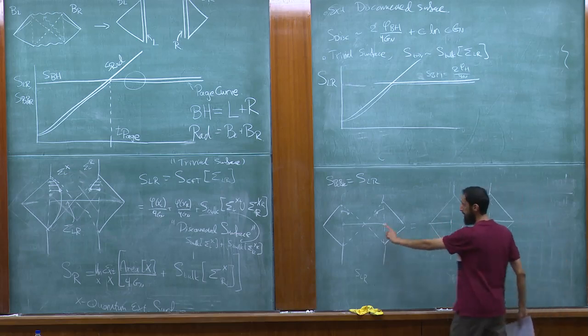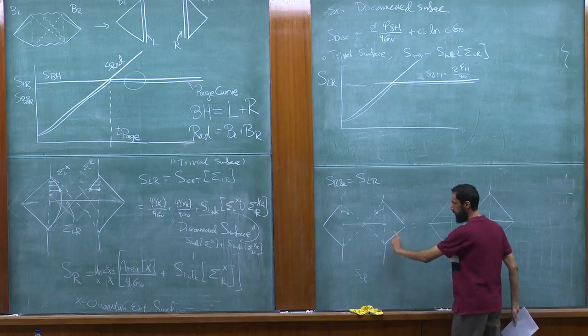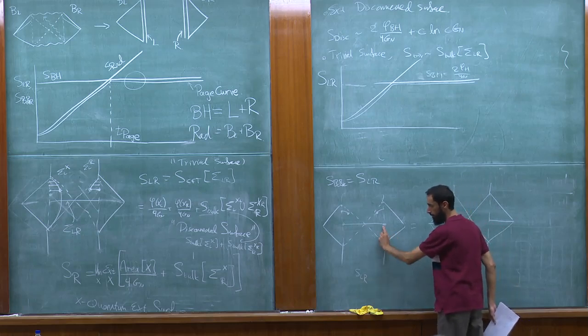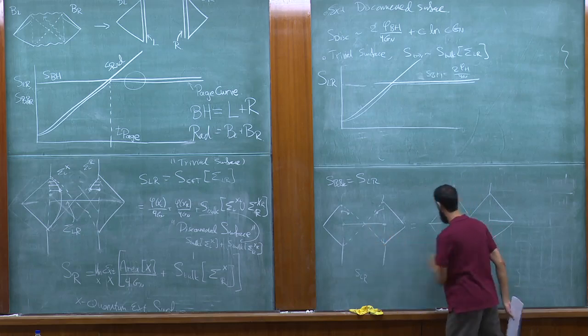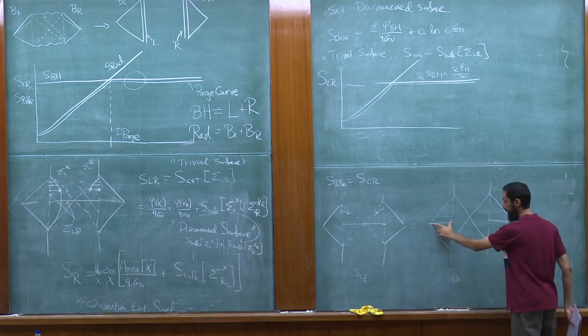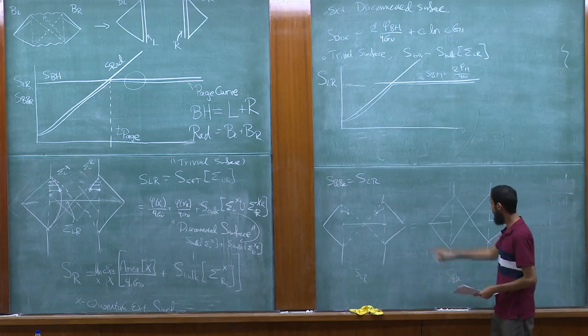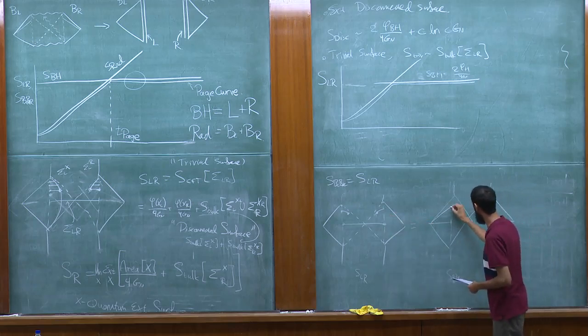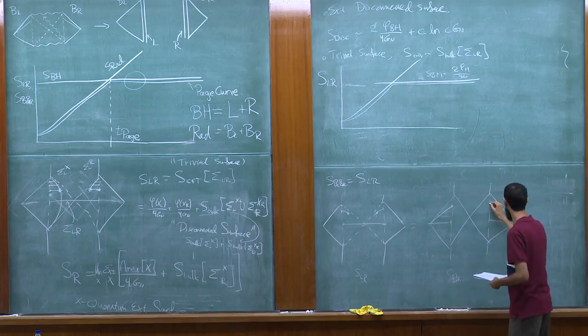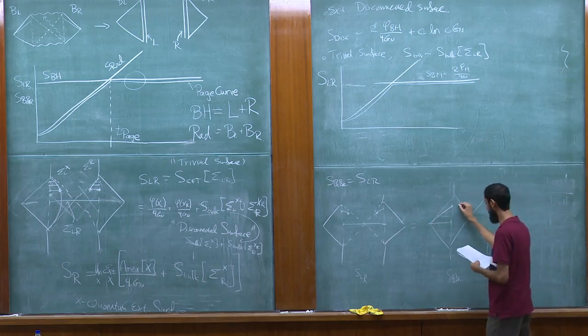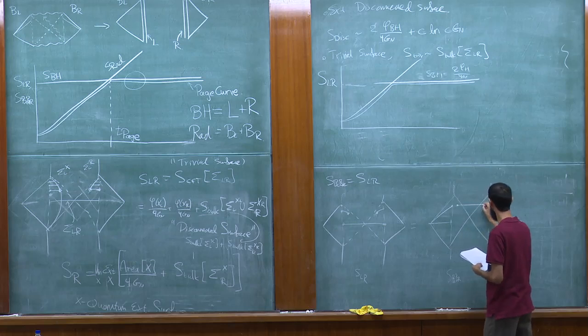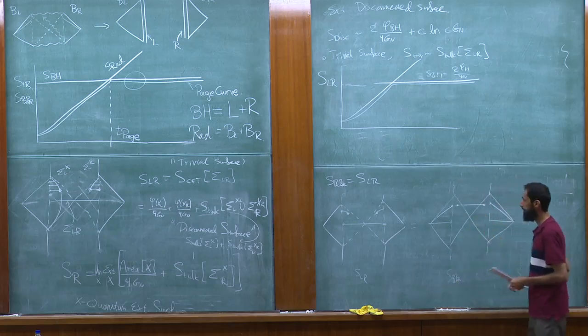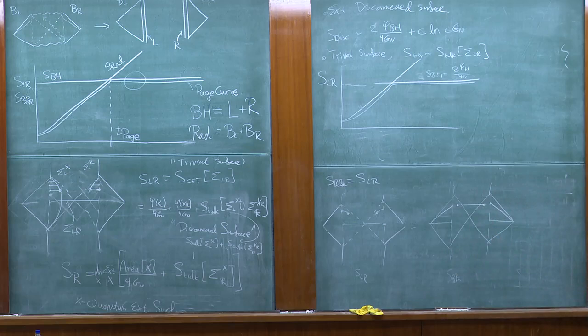So for the entropy of LR, the trivial surface contribution is equal to just computing the entropy of the bath, the union of this thing and this thing. But at late times, it's equivalent to computing the entropy in this way. So these give you the same answer.